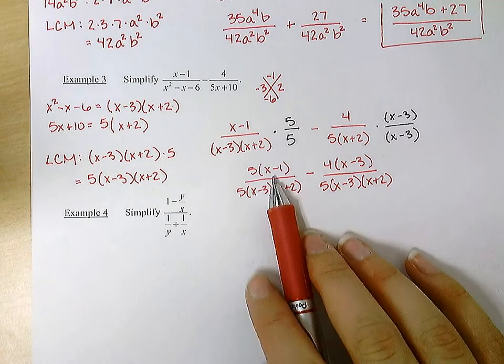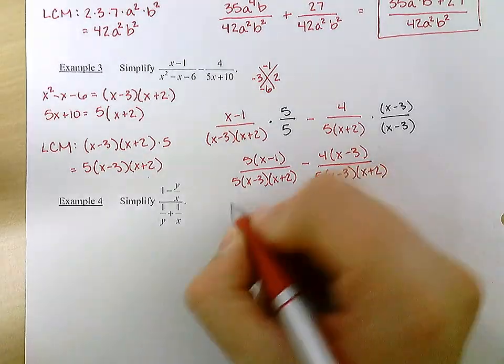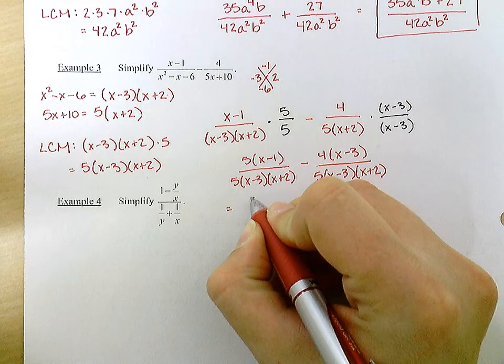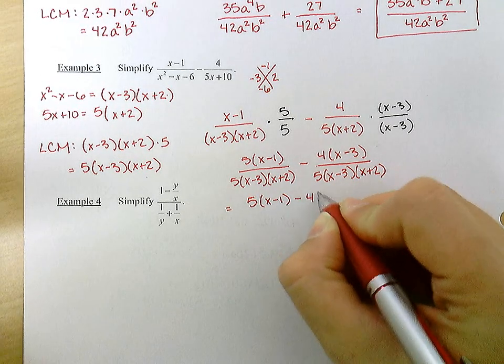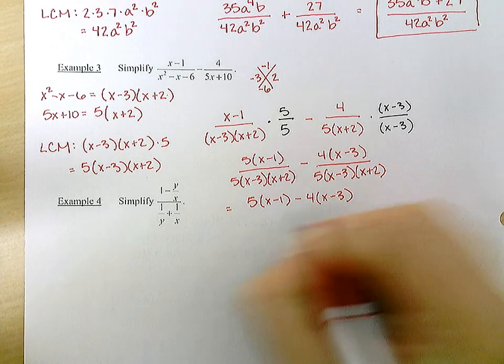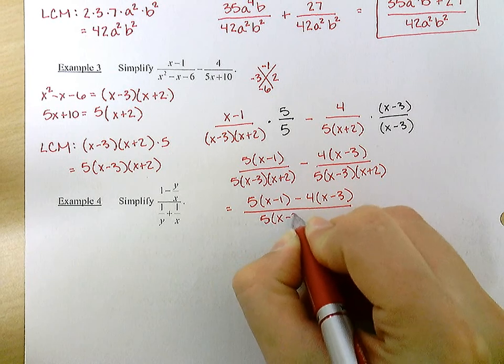Okay, so I can combine my numerators. So we have 5 times x minus 1 minus 4 times x minus 3 all over that same denominator.